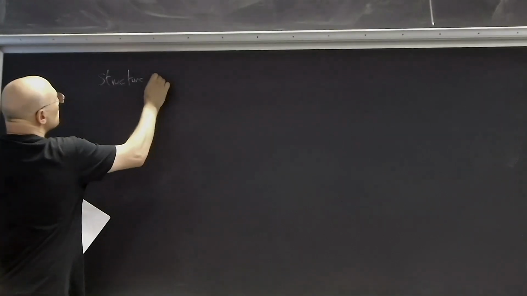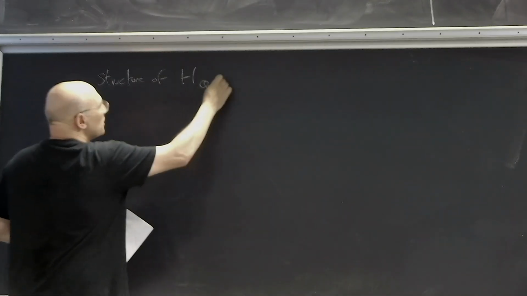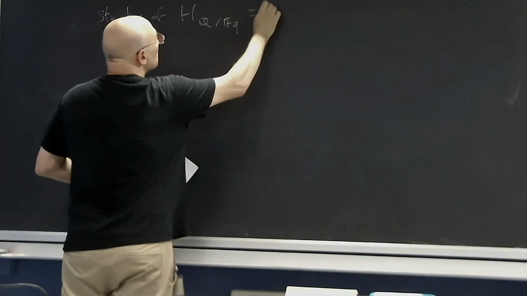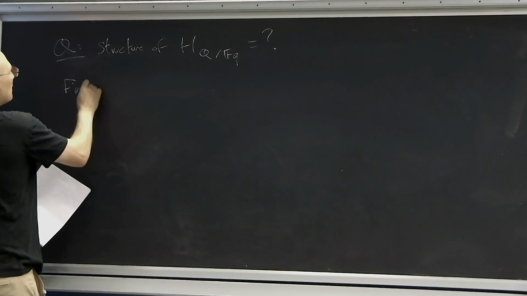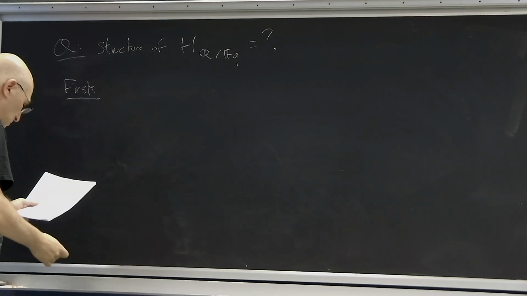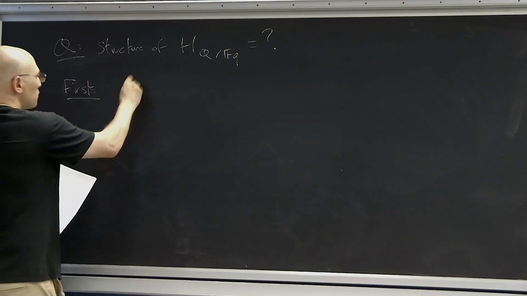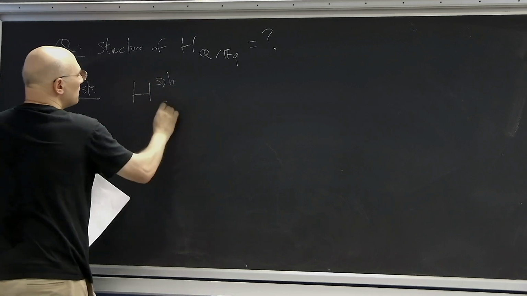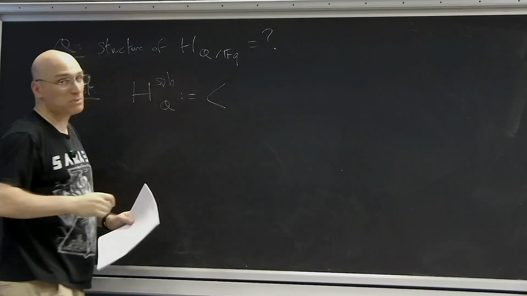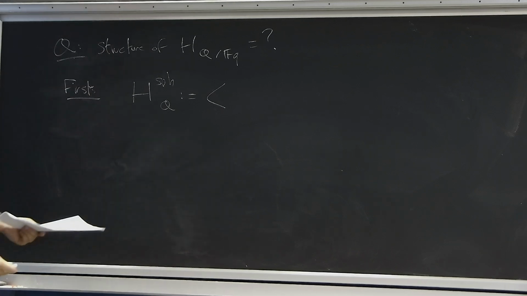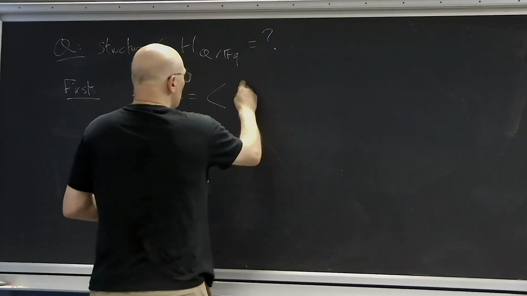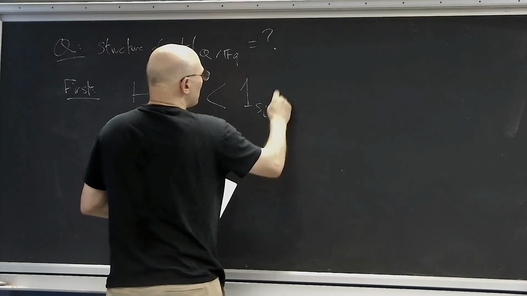So, an easier problem: the structure of H_Q over F_Q. That's a natural question. We first look at a simpler, or let's say more canonical, subalgebra, which I call the spherical Hall algebra. It's the subalgebra generated by the easiest functions in this algebra, which are just the characteristic functions of the simple objects.